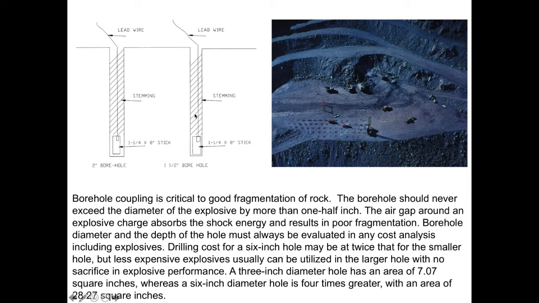What you want to do then is make sure that the diameter of the hole is almost perfectly equal to the diameter of the stick of dynamite or the explosive, so that there's almost zero airspace between the stick of dynamite and the side of the hole. Because airspace, think of it as a vacuum. It's just dead space.